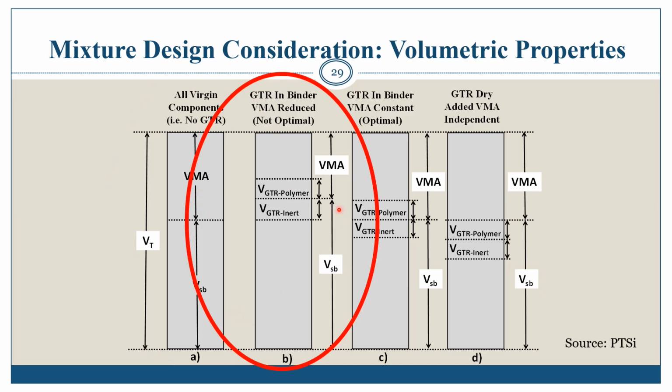Now let's turn to figure B, GTR and binder with reduced VMA. Actually, this is not optimal. If the total volume of GTR is denoted by V sub GTR, the functional polymer previously discussed can be denoted by V sub GTR dash polymer, and the filler can be denoted as V sub GTR dash inert. In this example, V sub GTR polymer is essentially equivalent to the effective binder volume, or V sub BE.